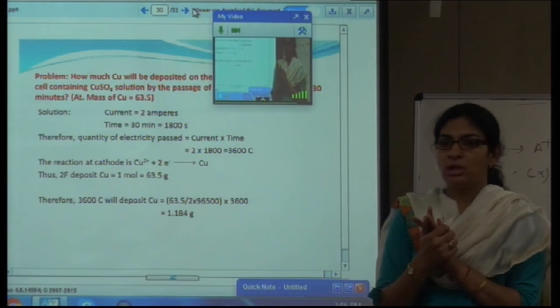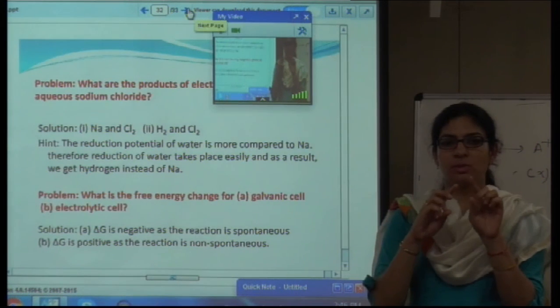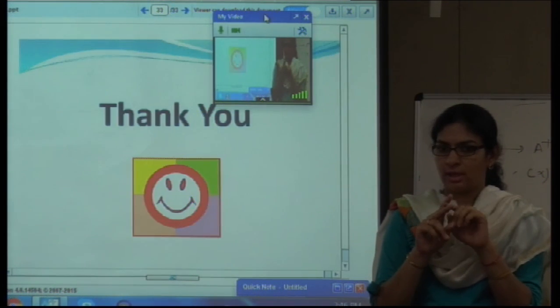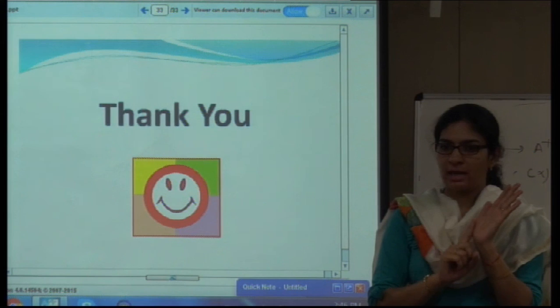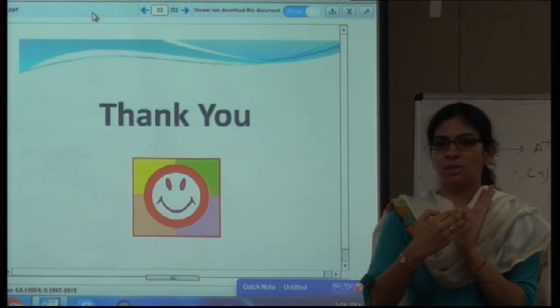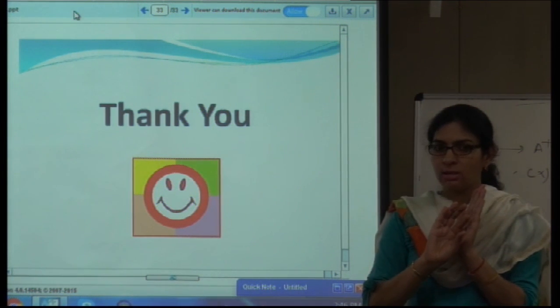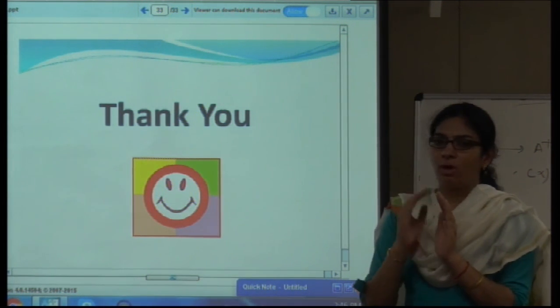Water splits as a result of hydrolysis into H plus and OH minus. If a cation is there, it will combine with the OH minus ion. Suppose you have calcium ion or magnesium ion, they will combine with the OH minus component of water and form hydroxide.